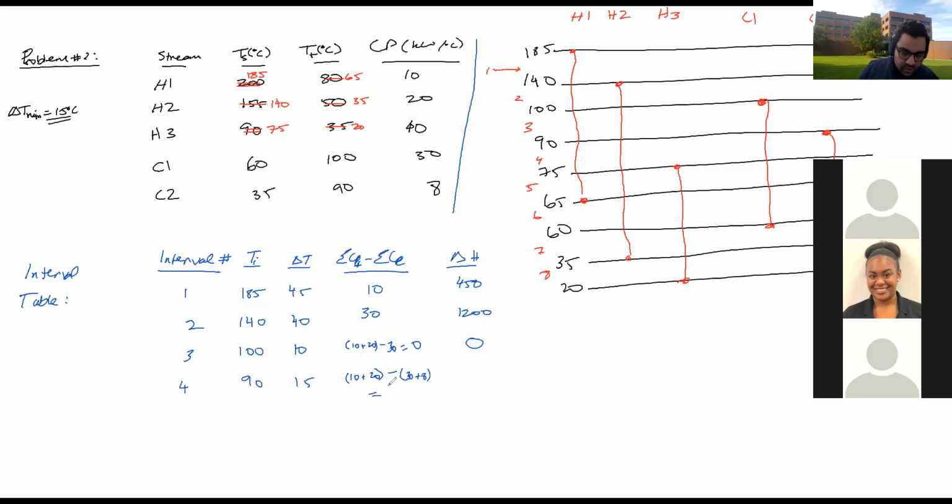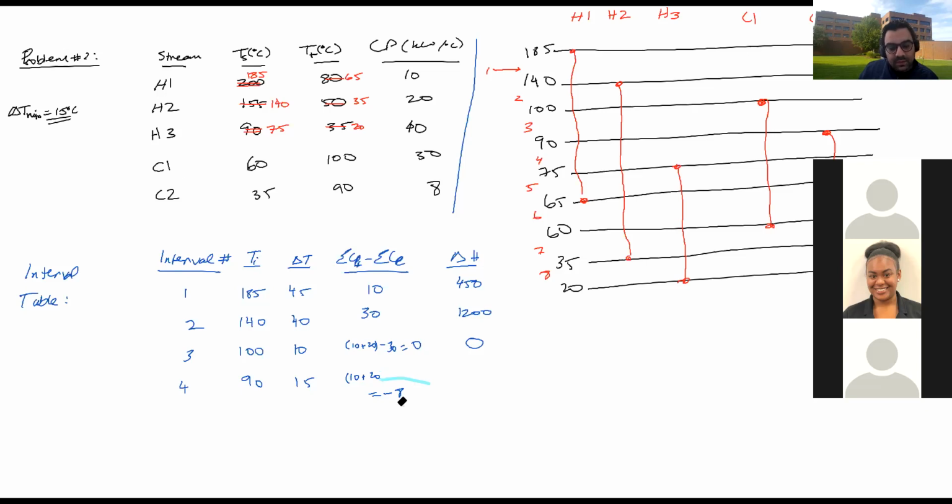And this number is how much? It's minus 8, right? So this guy is minus 8, and delta H in this case is what? Minus 8 multiplied by 15, minus 120.